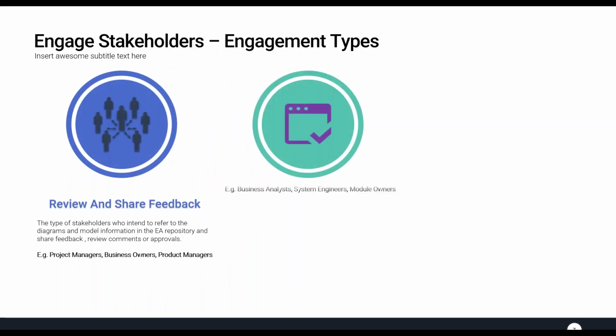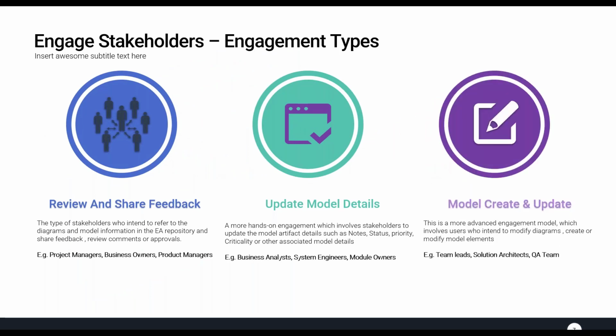And when we talk about engaging, conventionally people always think about just sharing the diagram. So we are always seeing Confluence pages and SharePoint pages where an EA diagram is pasted. Whilst looking at the diagram is an engagement model, we have multiple stakeholders who have different interests in EA models.